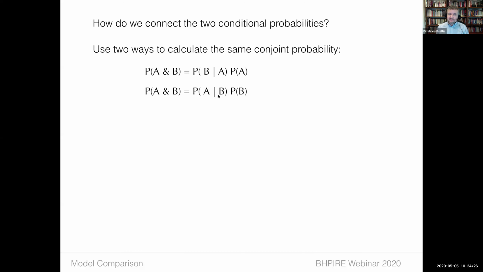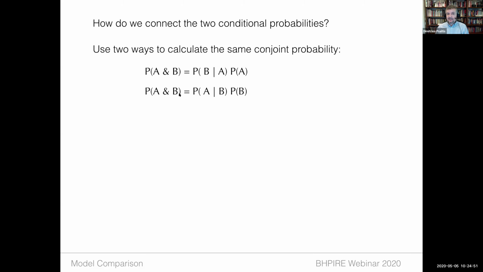Well, what you do is you calculate the probability that both A and B, both events, are simultaneously true. And you calculate it 2 ways. One is you say, what's the probability that both A and B is true? Well, it's the probability that A is true times the conditional probability that given A, B is also true. This tells you the chance that both A and B are true.